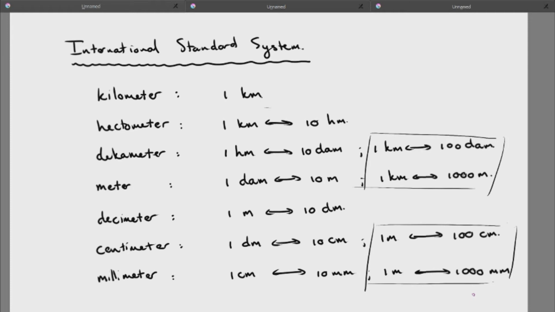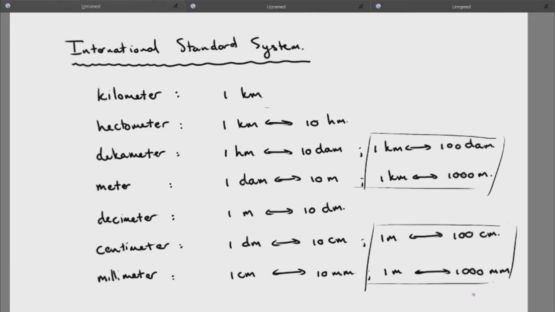Then if you go smaller, we have a decimeter and the more familiar centimeter and millimeter, jumping size 10 as well, where 1 meter is 10 decimeters, 1 decimeter is 10 centimeters, 1 centimeter is 10 millimeters.